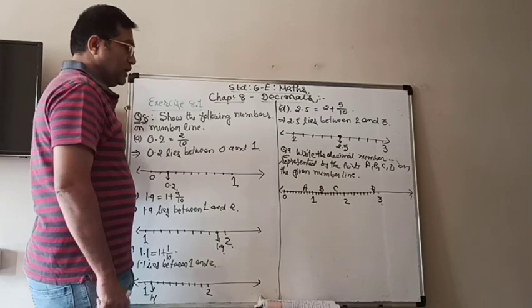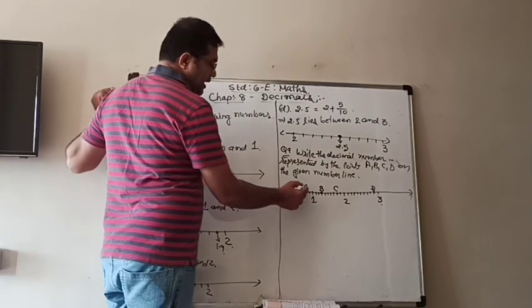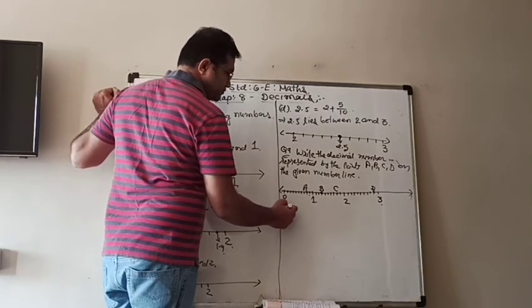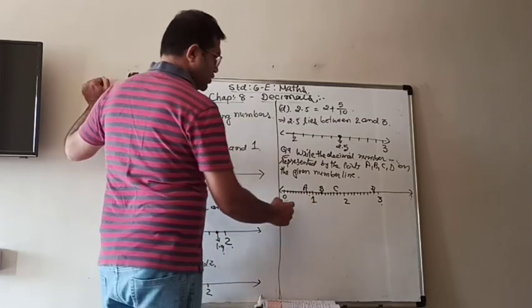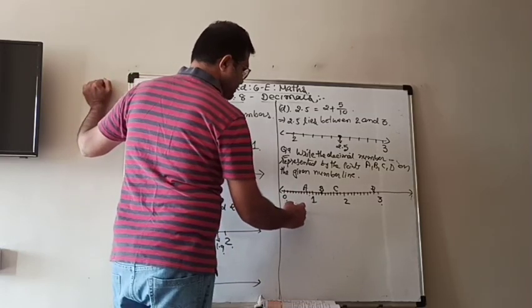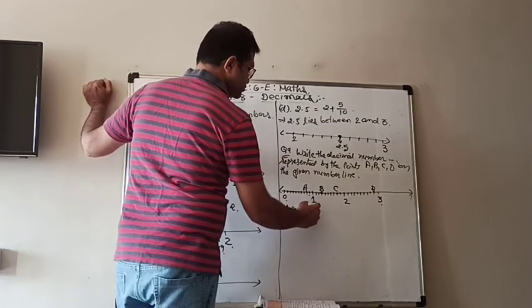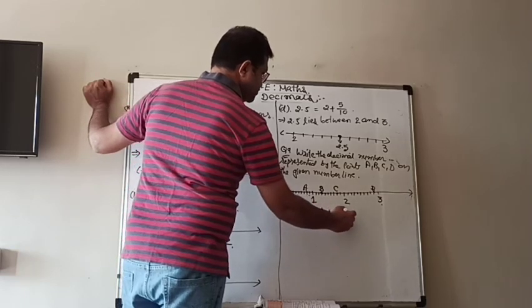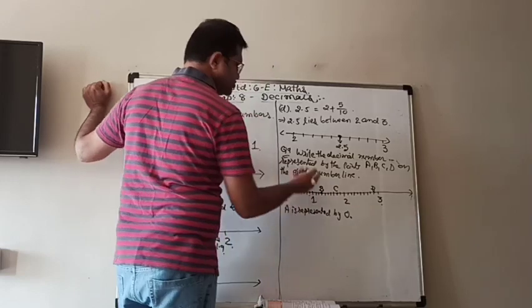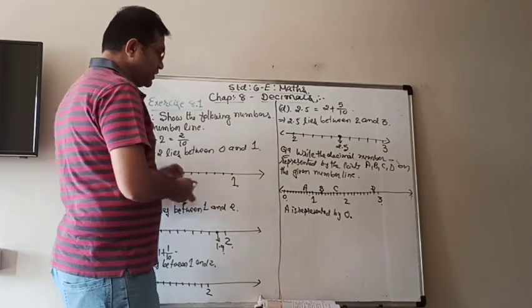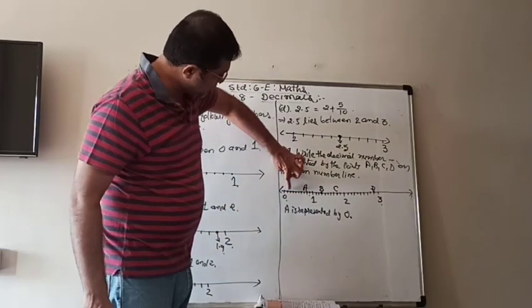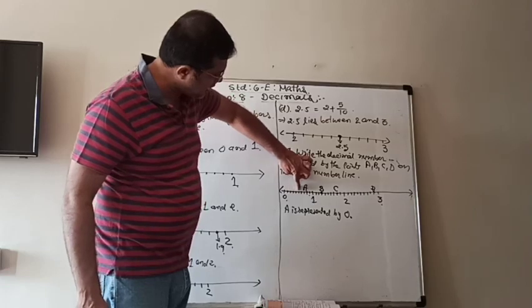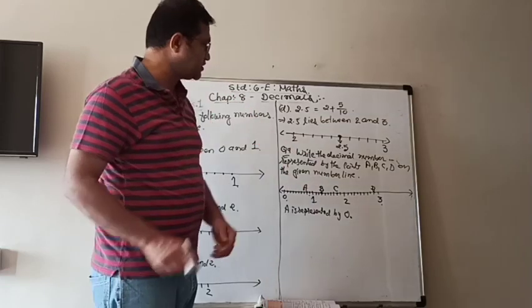Now you can see that A is between 0 and 1, so it is 0 point something. How many? Check: 0.1, 2, 3, 4, 5, 6, 7 and it is at the 8th.